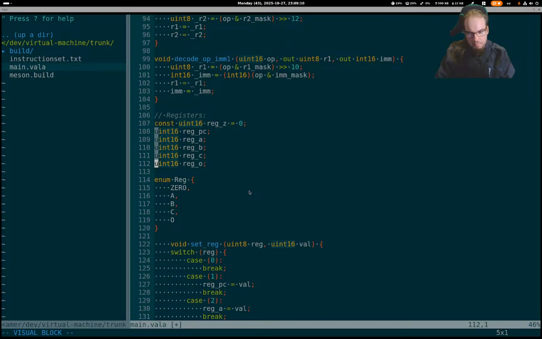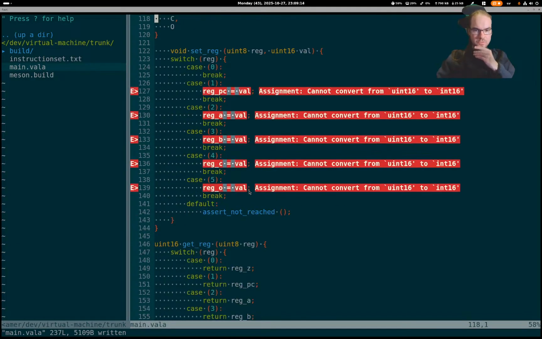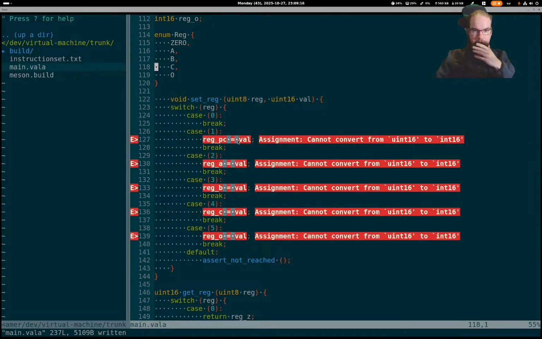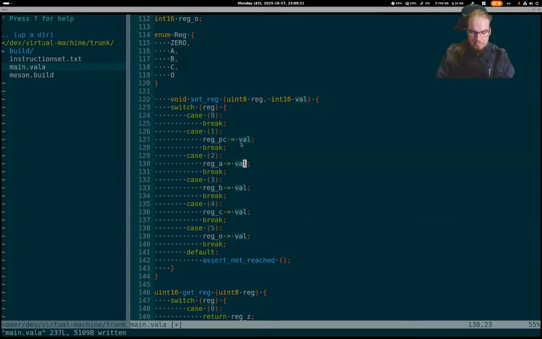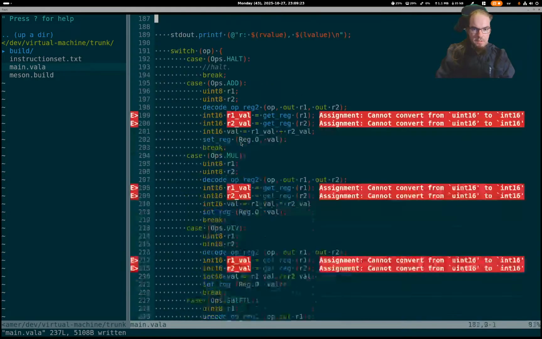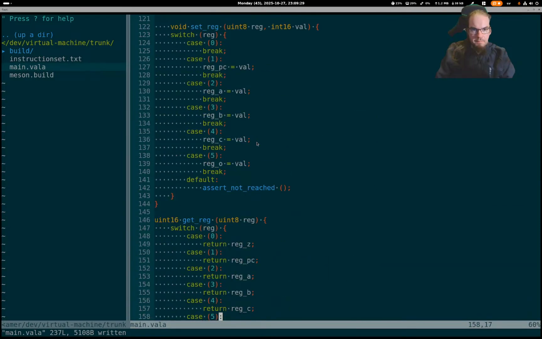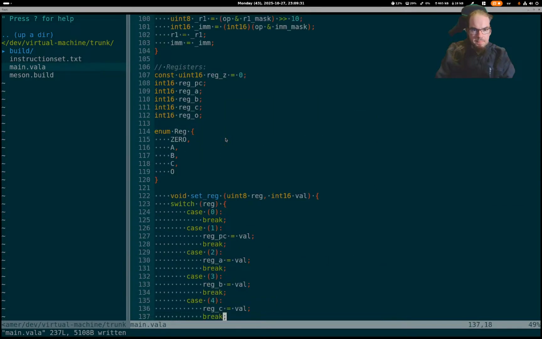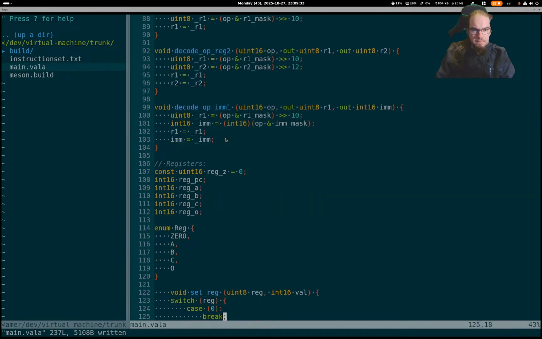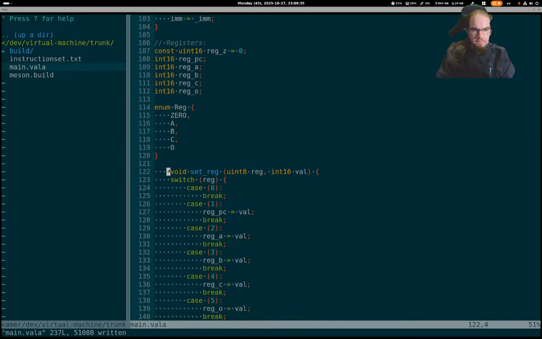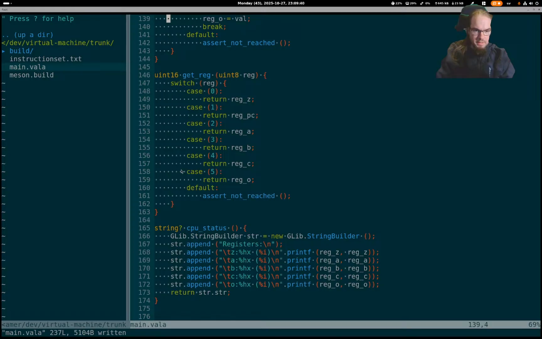Yeah, I think we need them to be integers so that we can set value, which needs to be integer 2. Get reg. Get reg.